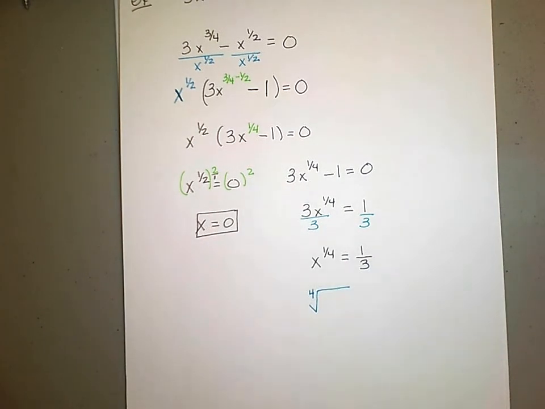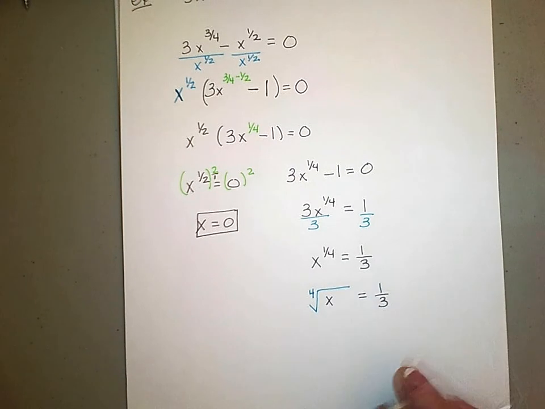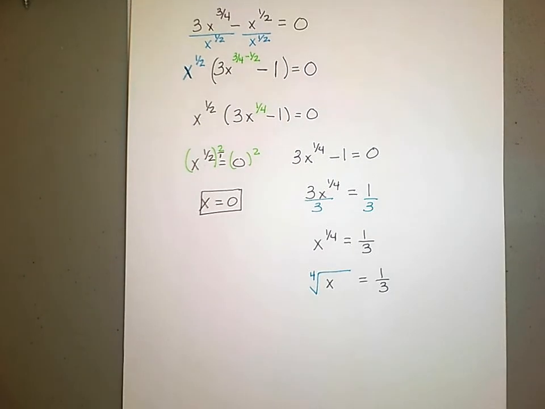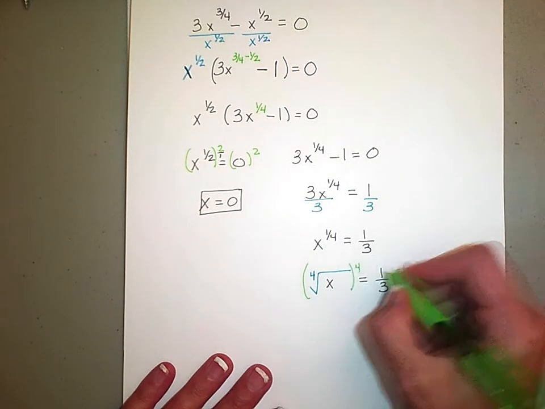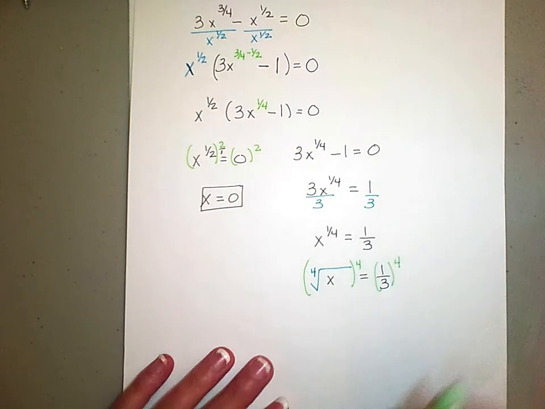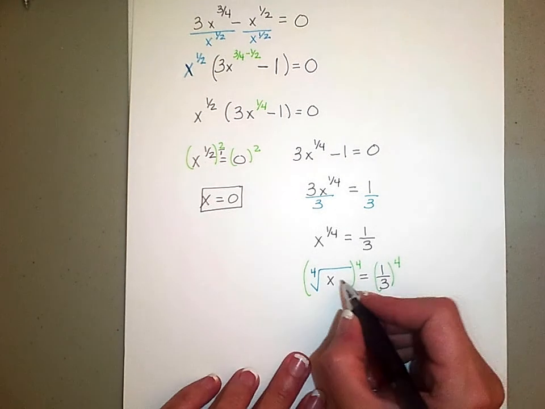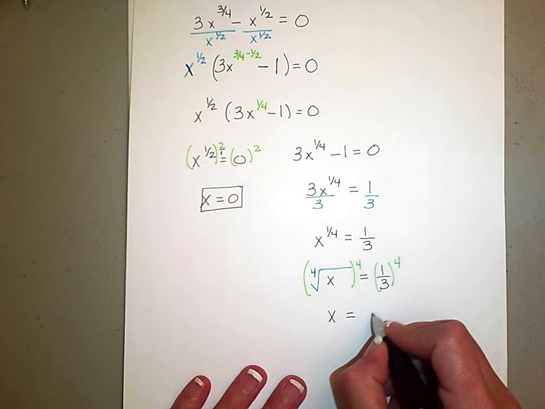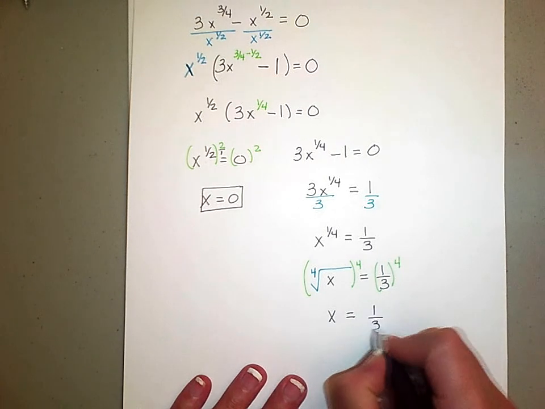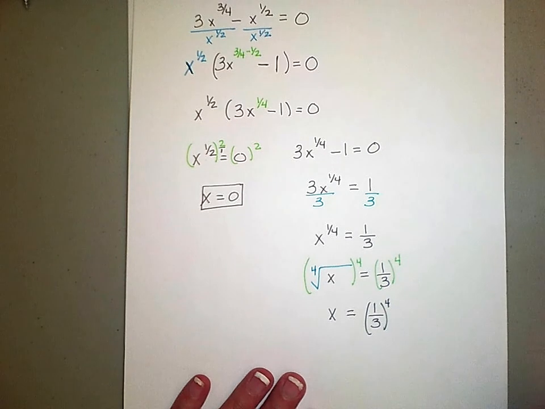This is the 4th root of x is equal to 1/3. So if I want to undo the 4th root, I need to raise to the 4th power. Now the 4th root of x raised to the 4th power will undo itself, and we'll get x is equal to 1/3 to the 4th power.